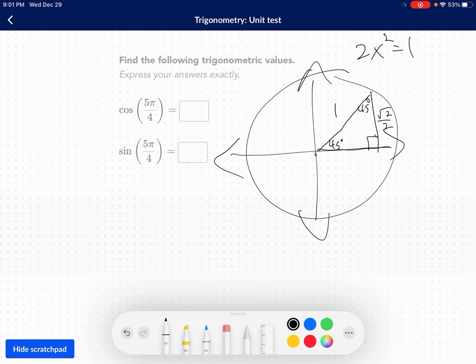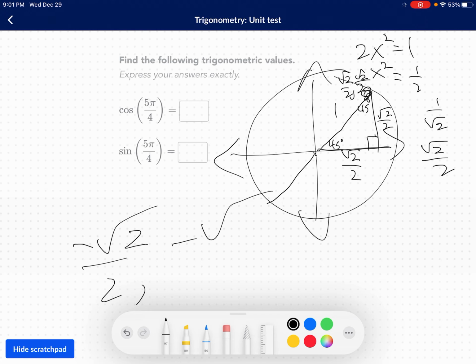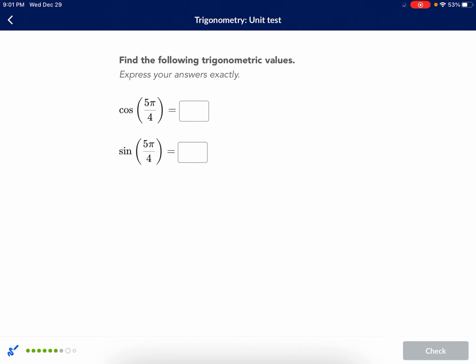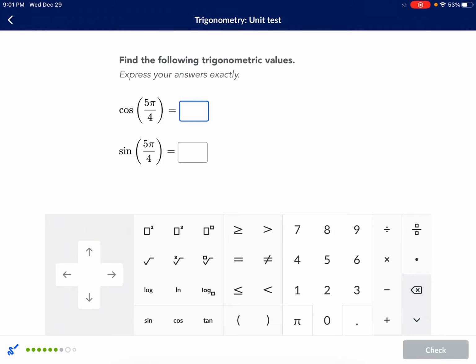I think 2x squared equals 1, x squared equals 1 half, and then root 2. Yeah, it's root 2 over 2. That is just like normal pi over 4. It's adding a whole pi, so it's here. So it should be negative root 2 over 2 and negative root 2 over 2.